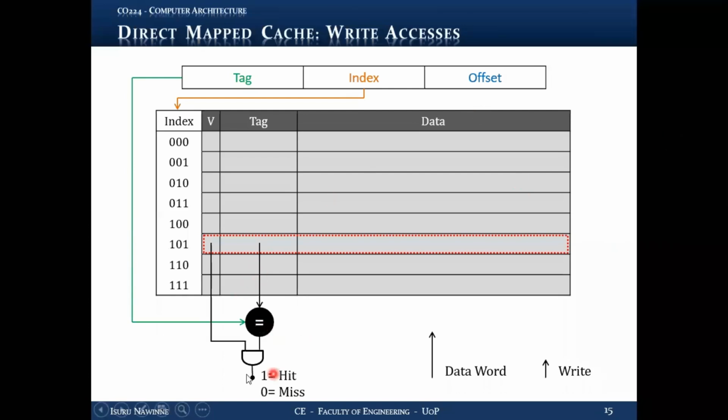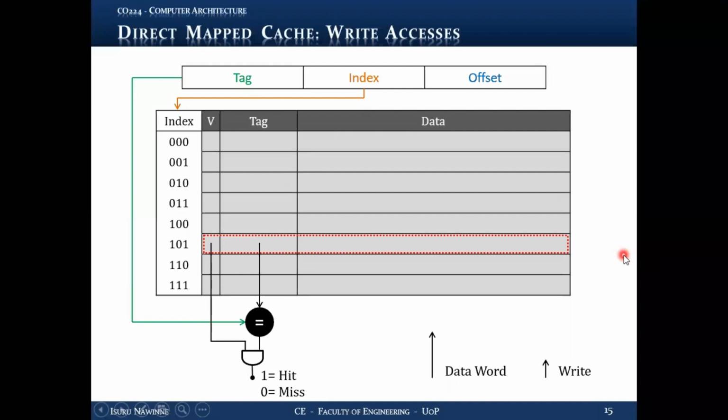Using the same circuitry we used in the read, we perform the same set of operations. We extract the tag from the correct cache entry and compare it with the incoming address's tag, and extract the valid bit from the correct cache entry and compare it with the output of the comparator to decide whether this write access is a hit or a miss. Exact same thing as in a read.